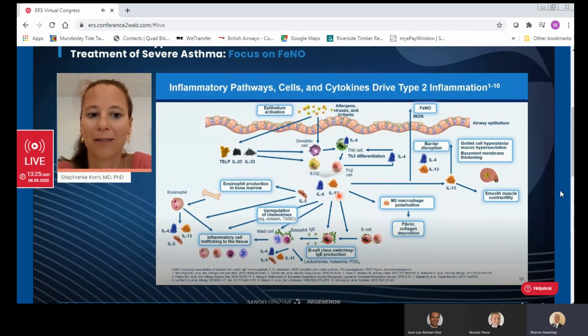And these type 2 cytokines, IL-5, IL-4, and IL-13, can drive a cascade of downstream events, including the activation of airway epithelial cells, chemoattraction of effector cells, for example mast cells, basophils, eosinophils, and of course remodeling of the epithelium. I'm pretty sure that we are all very familiar with the effect of IL-5 on eosinophils, and we've learned a lot about eosinophils in the last few years, especially because of the availability of anti-IL-5 drugs.